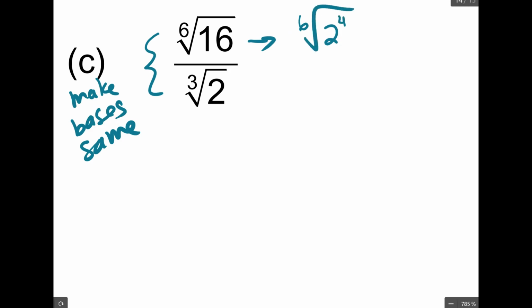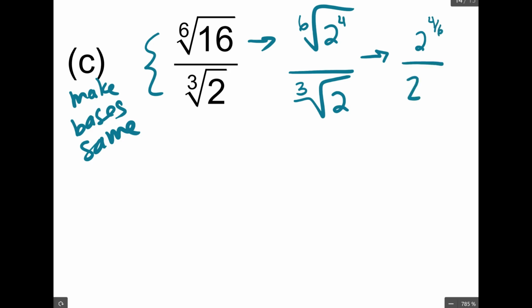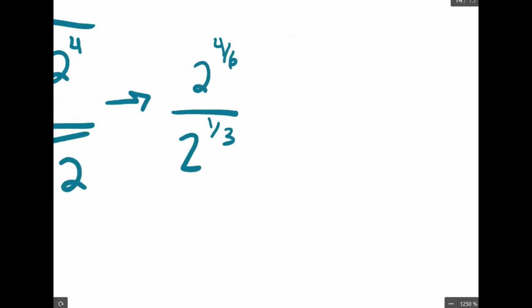I want to put everything in terms of 2, and I know 16 is just 2 to the 4th power, all over cube root of 2. Okay, so I can rewrite this as 2 to the 4/6 over 2 to the 1/3. This is pure magic. This is awesome.